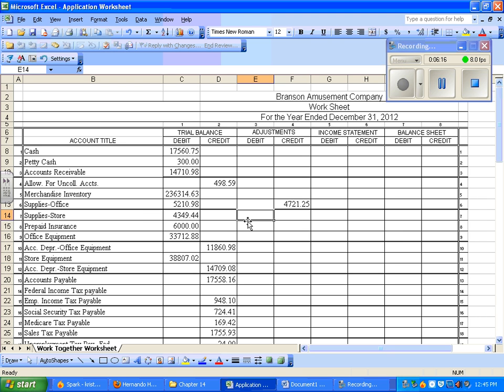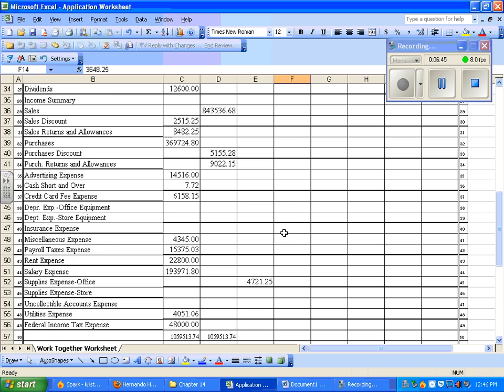So in order to reduce that, we want to credit it 3648.25. And now, just like before, this 3648.25 represents the amount of store supplies that we used for the year. If you use an asset in the course of business in order to make money, the asset then becomes an expense, which is why we're going to debit supplies store expense 3648.25.